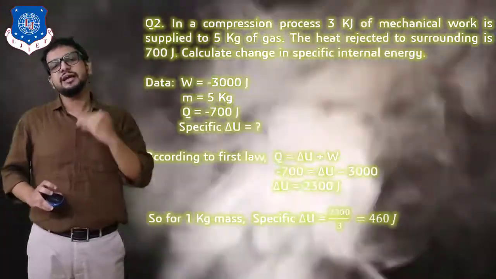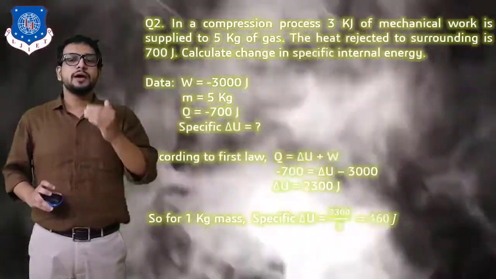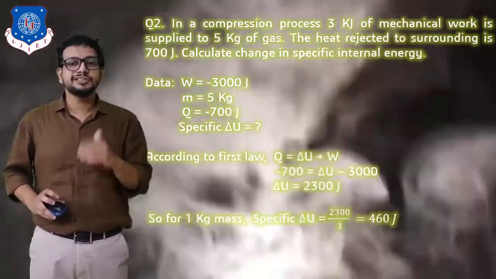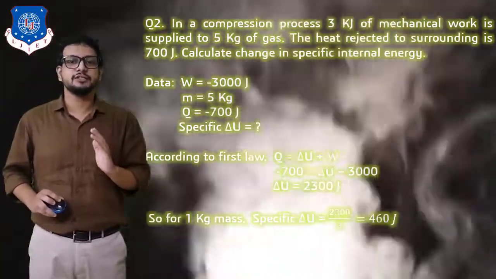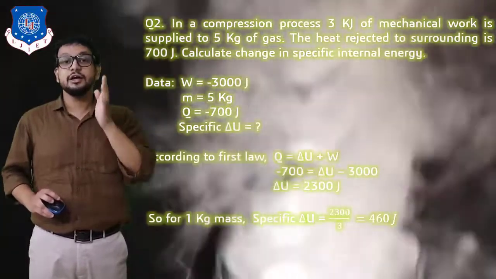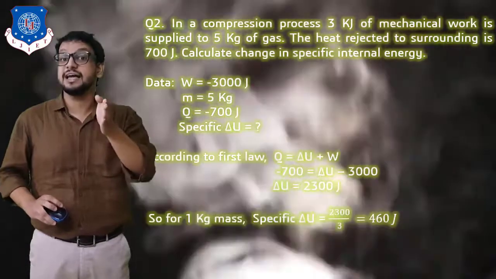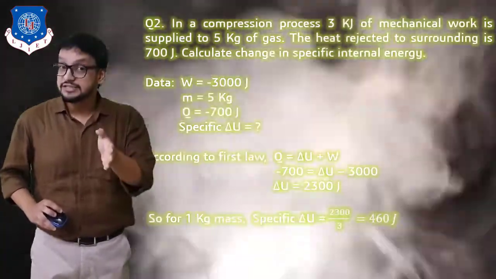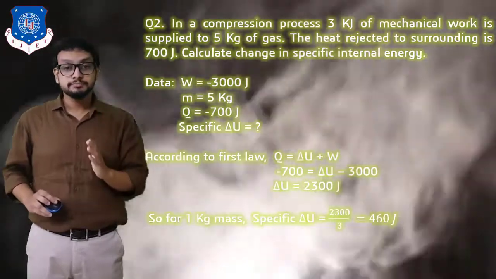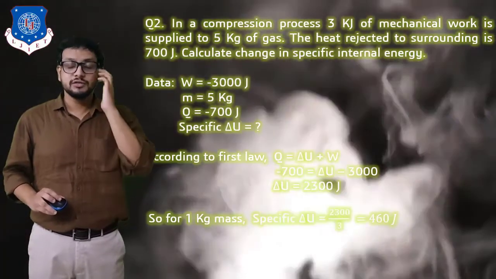So specific delta U is equal to 2300 divided by 5. So we get the answer 460 joule. So this is the final answer. I hope this numerical is clear. This is just an introduction; you need to keep in mind the sign convention for work transfer and heat transfer. Now let's see our next numerical, that is question number 3.